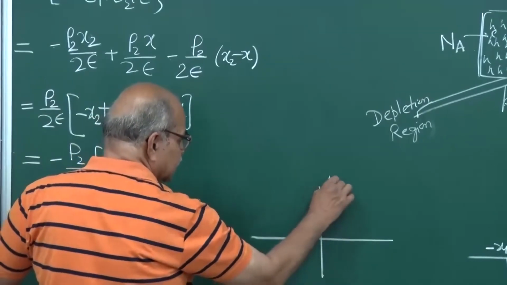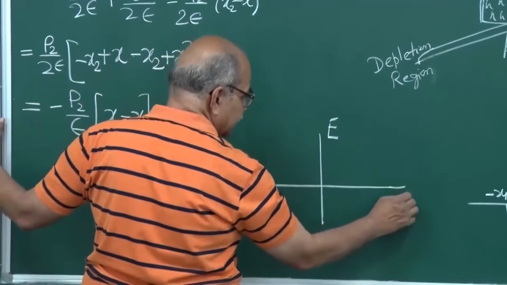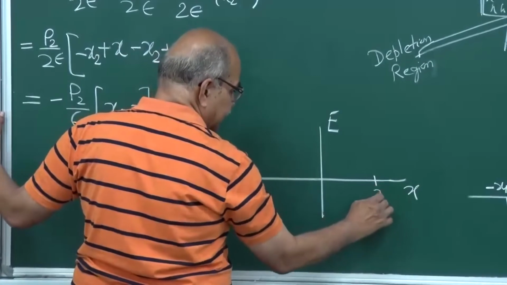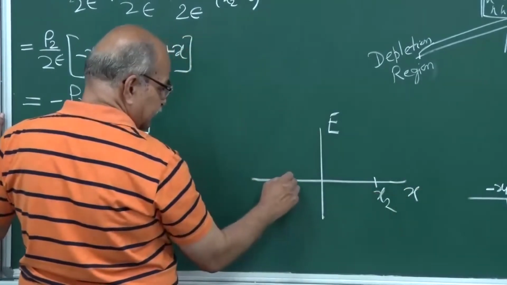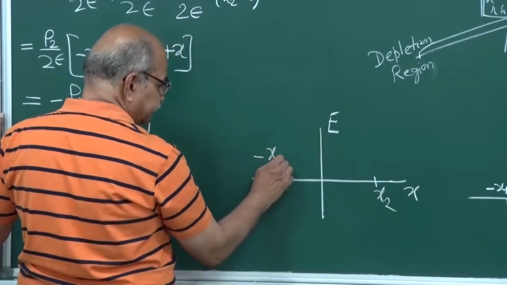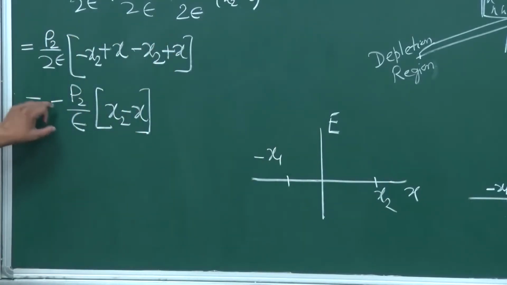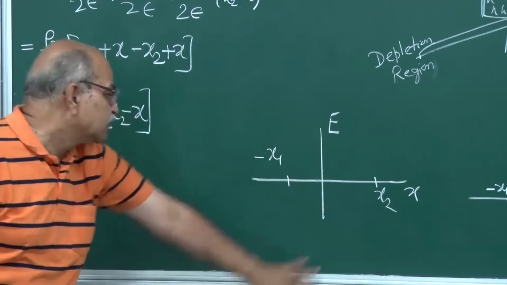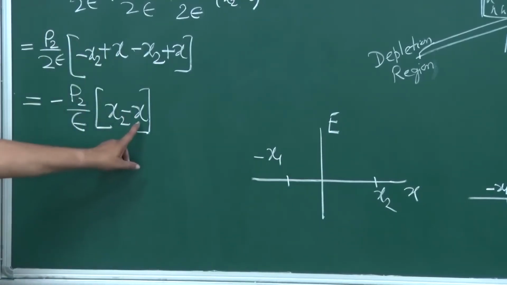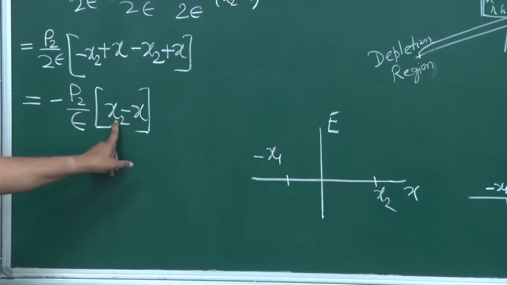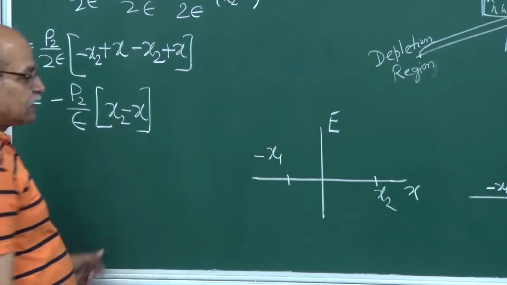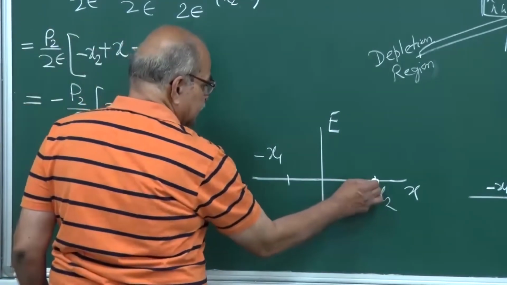Now I am plotting E here, and this is x. This is the point x2, let us say, and this is the point minus x1. I have calculated for this region only. This is negative, so the electric field will be on the negative side. At x equal to x2, the electric field will be 0.